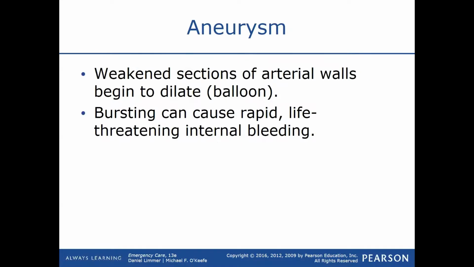aneurysm. So an aneurysm is a weakening of a vessel, and what happens is that the inner layers of the artery, because the vessels, so veins and arteries, they're made up of layers, right? It's like a water hose; it has layers to it. So do your vessels. Well, the inner layer of a vessel has weakened and gotten smaller, and that can cause a bulge.